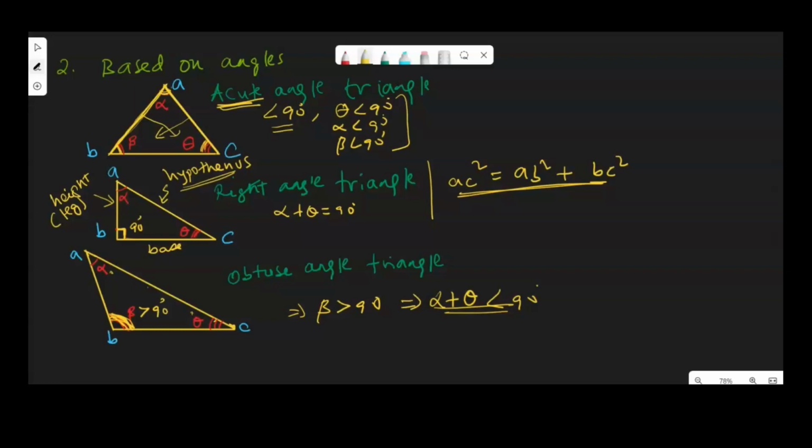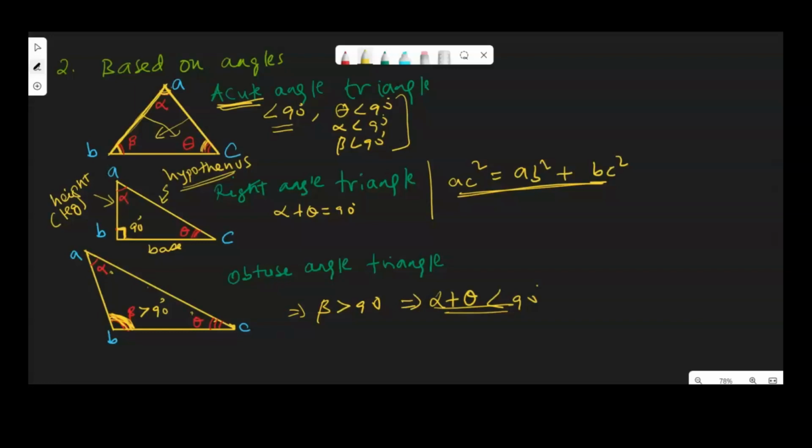So an obtuse angle triangle cannot be a right angle triangle, because in a right angle triangle one of the angles is 90 degrees, but in an obtuse triangle it's greater than 90 degrees, so it cannot be a right angle triangle.